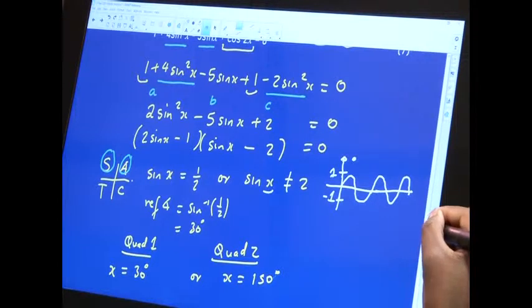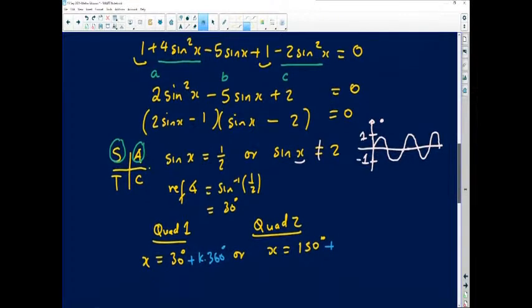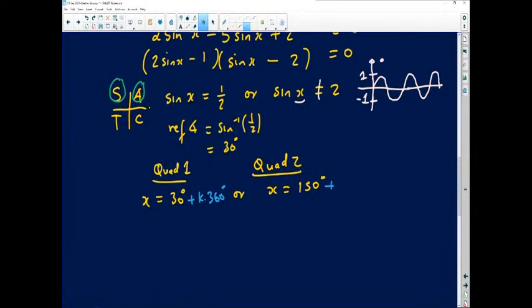Now somebody says, but they said general solution. Yes. If we ask for the general solution, it means this is incomplete. You need to add that little factor that says plus k times 360 degrees, even here, plus k times 360 degrees, because we're looking for the general solution. That's the part that makes it general.